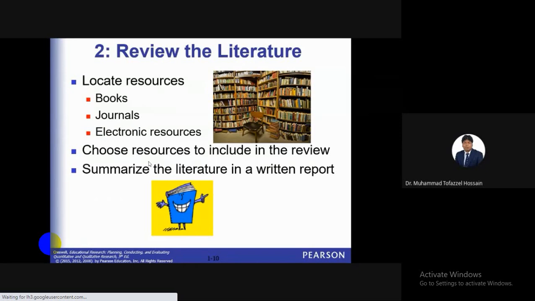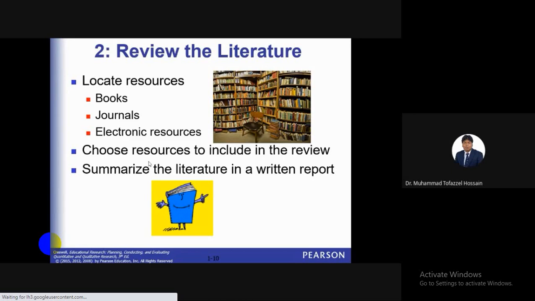Then summarize the literature in a written report. You have to make a summary of that literature from the beginning of the problem to the present day.